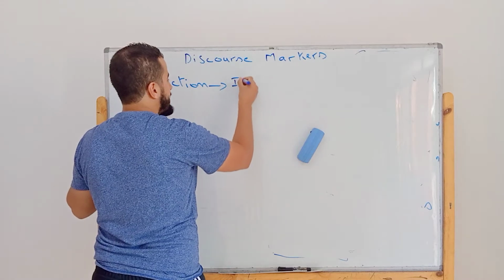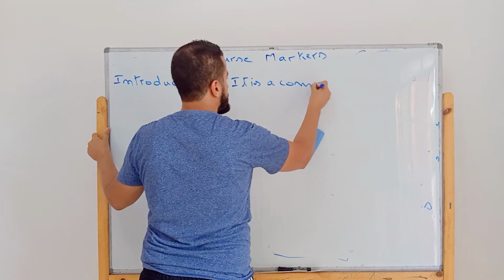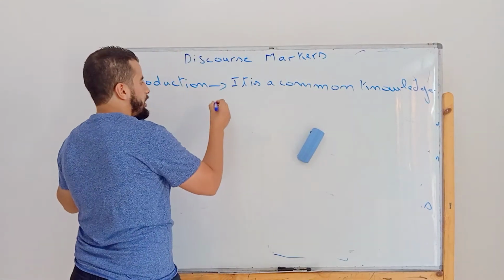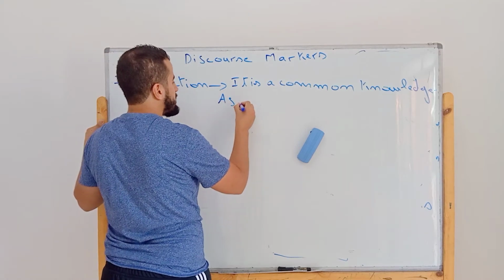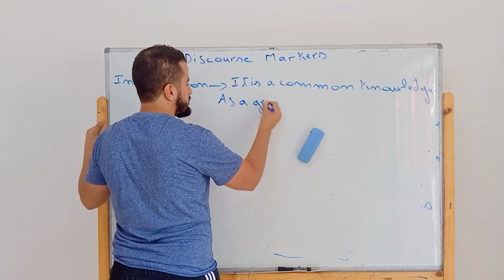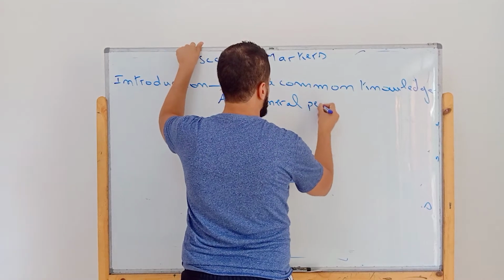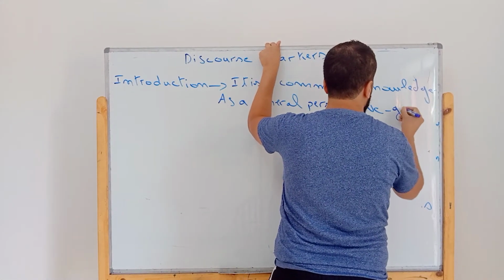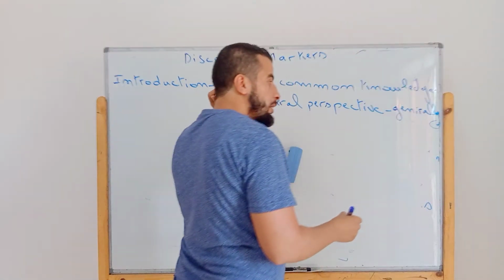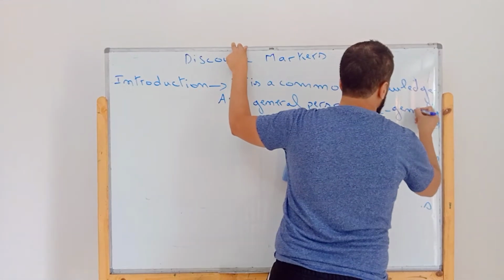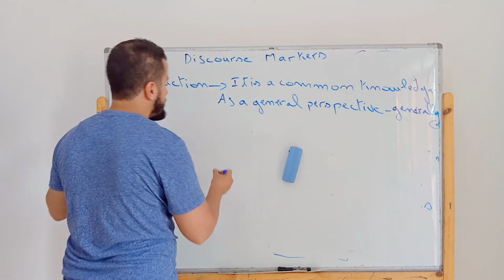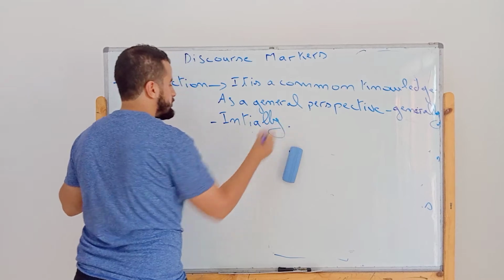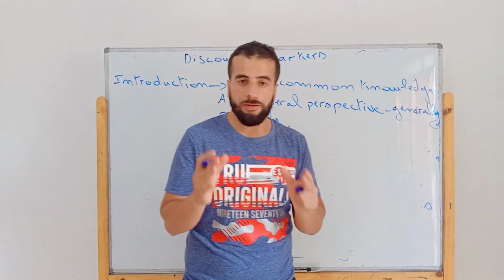For example, you can say, it is common knowledge, as a general perspective, generally, we can say, we can also say, initially, etc. So these are used to introduce the first introductory statement.